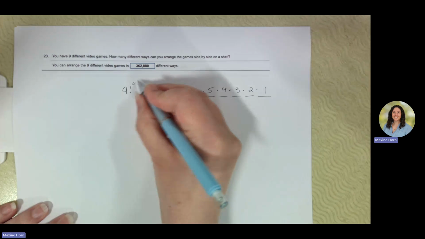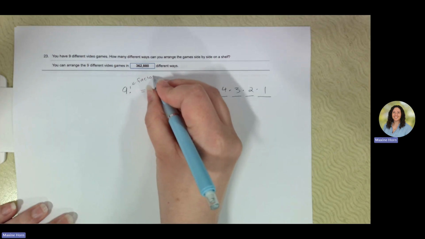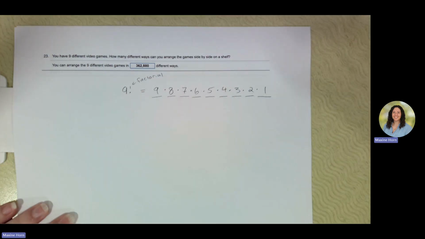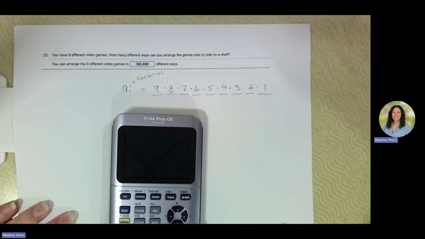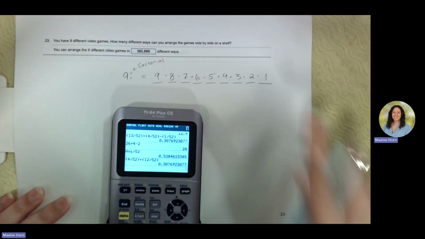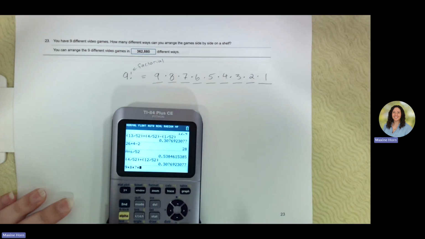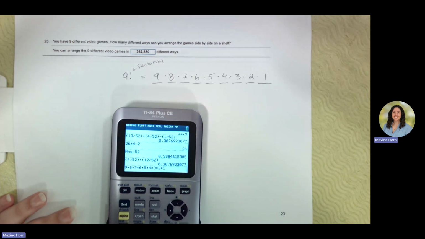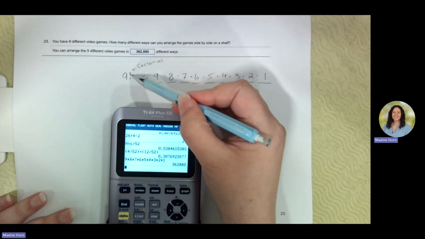Okay, so that exclamation mark is the factorial symbol. And in your calculator, if you do this the long way, you're plugging in 9, 8, 7, 6, 5, 4, 3, 2, 1. If you don't do the times 1, that's fine because anything times 1 is itself, but you're getting this big number. Or you can use the factorial button.